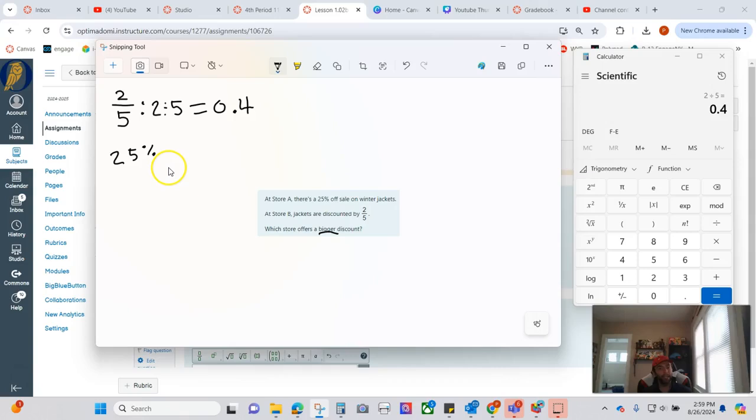To turn any percent into a decimal, we can divide that number by 100. Again, using our handy dandy calculator. 25, not 25% divided by 100, but just 25 divided by 100 is 0.25.